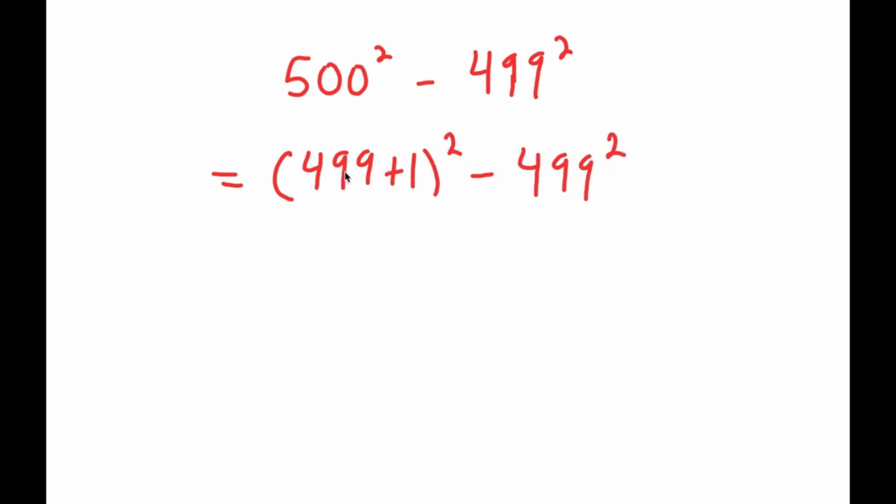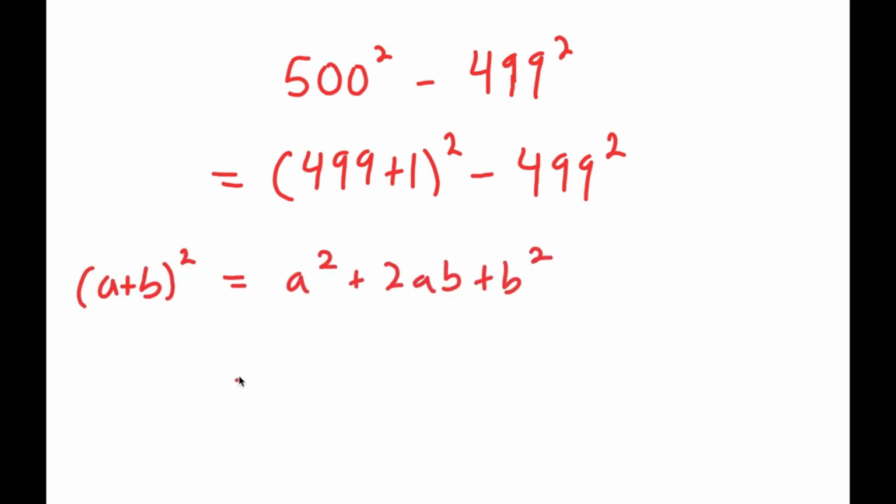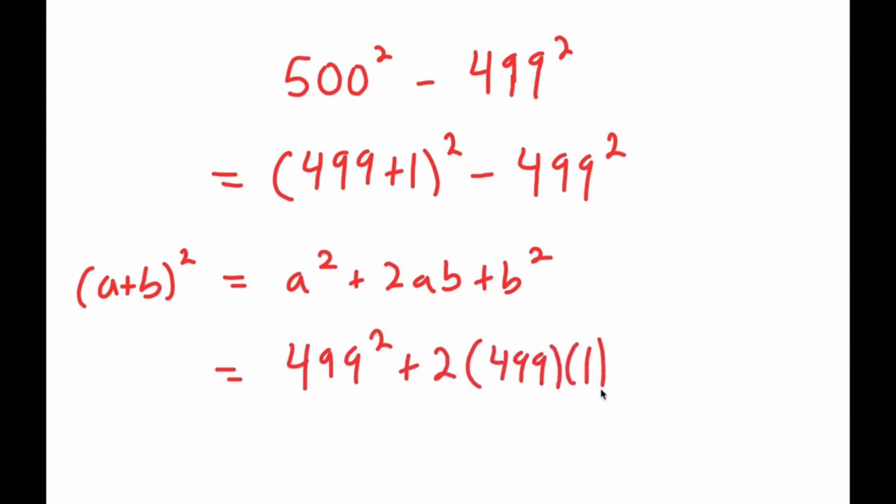And if I have something in the form (a plus b) squared, this is equal to a squared plus 2ab plus b squared. So (499 plus 1) squared turns into 499 squared plus 2 times 499 times 1 plus 1 squared, and I have this minus 499 squared.